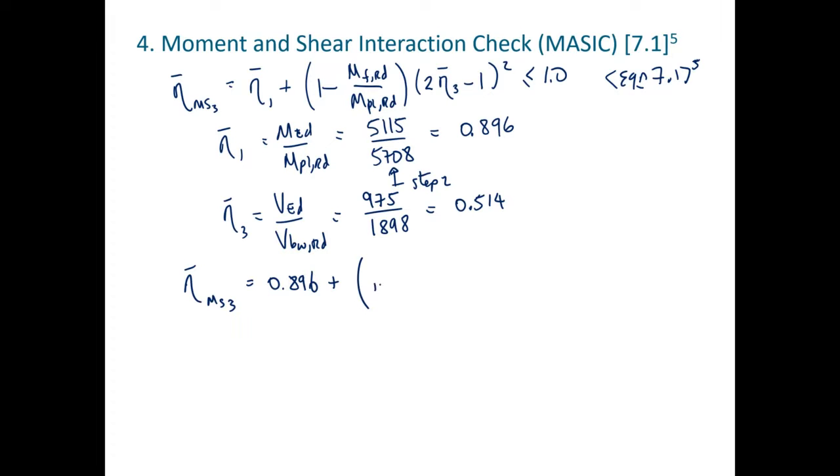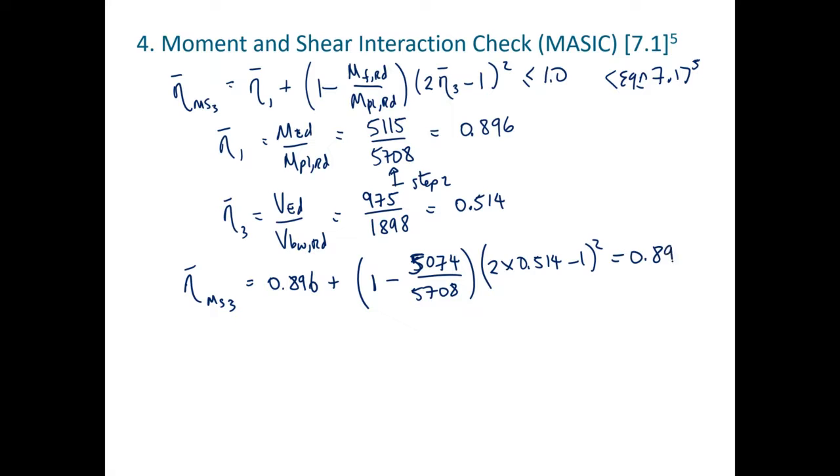So it's 0.896 plus 1 minus the ratio of the resistance of flange, which is 5,074, divided by the overall section resistance, 2 times 0.514 minus 1 squared.